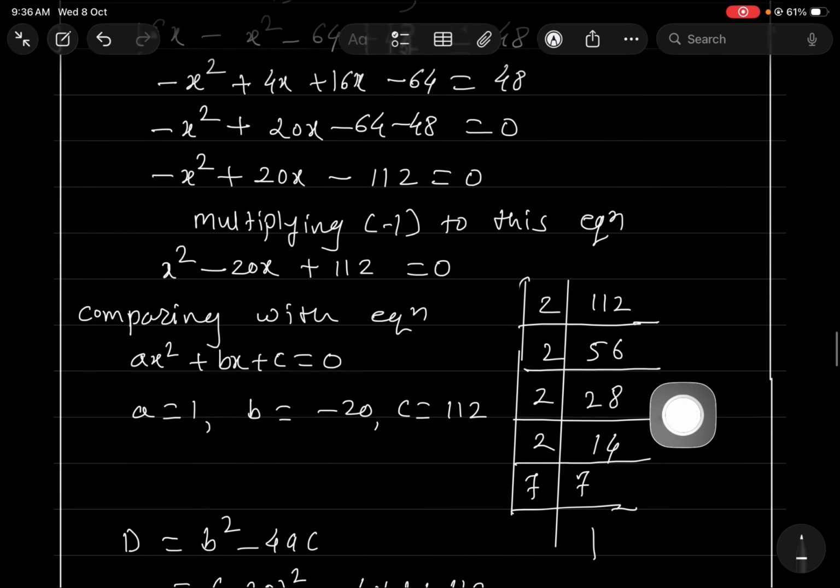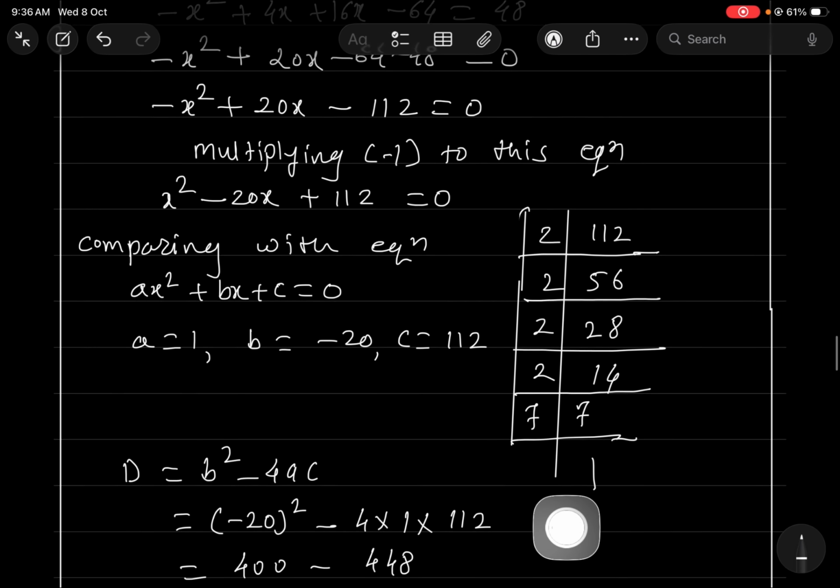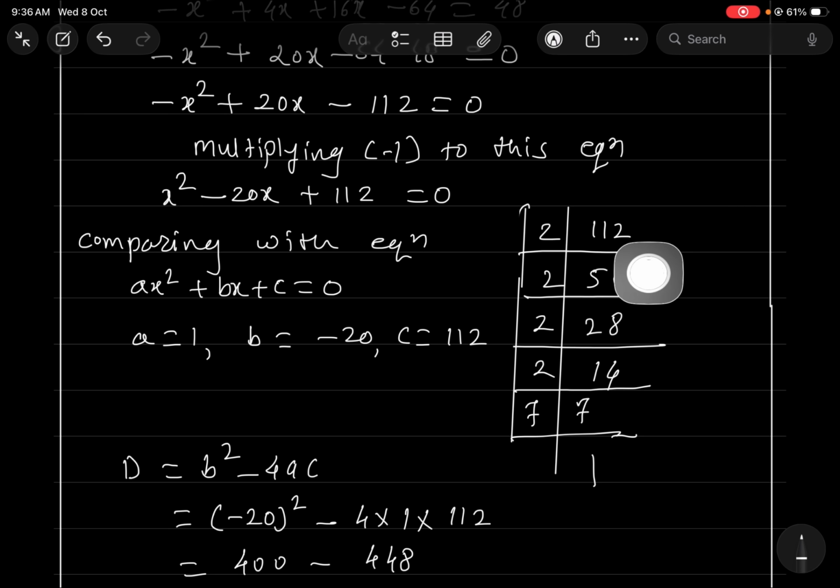Now see here, if you are taking prime factors, in the previous video I told you how to split the middle term and find the two numbers. But here, the prime factors are 2, 2, 2, 2 and 7.